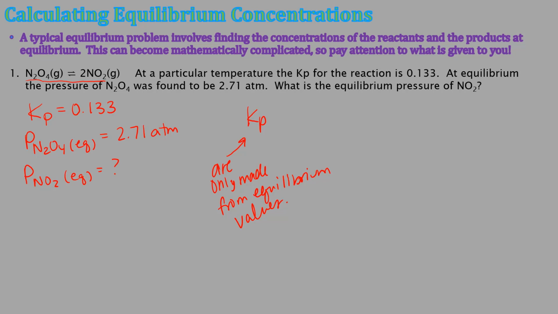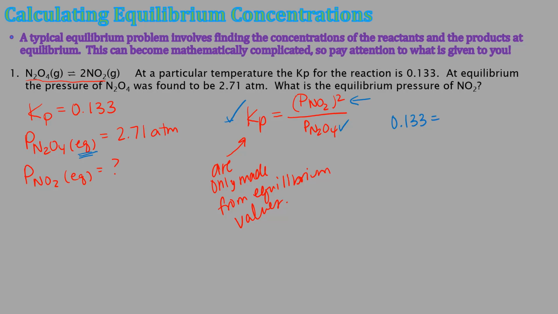Looking at my equilibrium expression, my Kp is made from the pressure of NO2 squared divided by the pressure of N2O4. I have the pressure of N2O4 at equilibrium, and I have the Kp too.